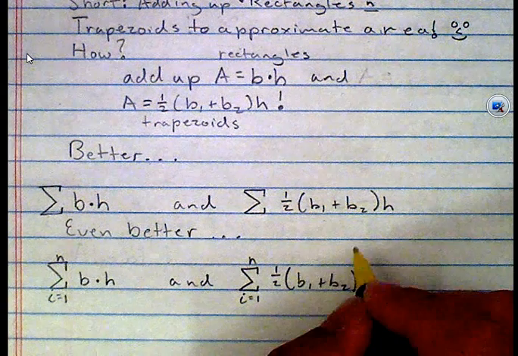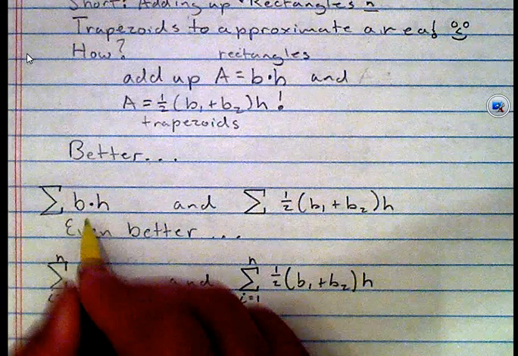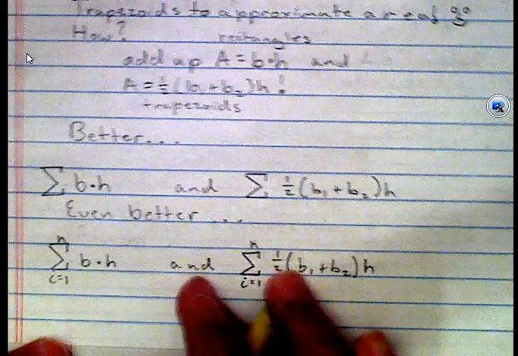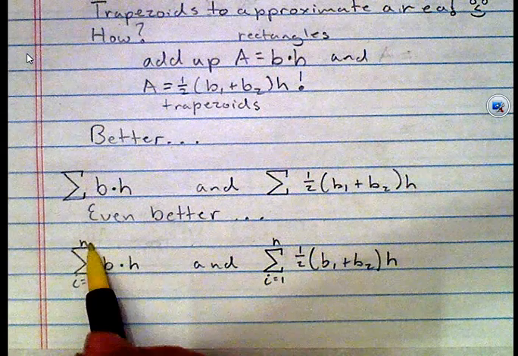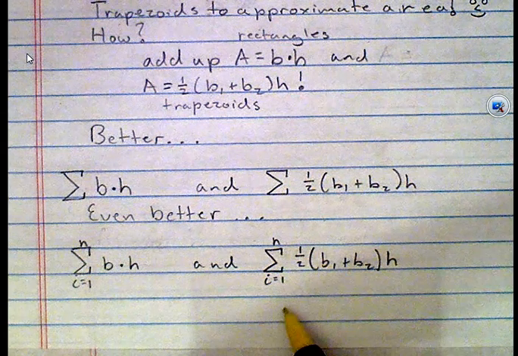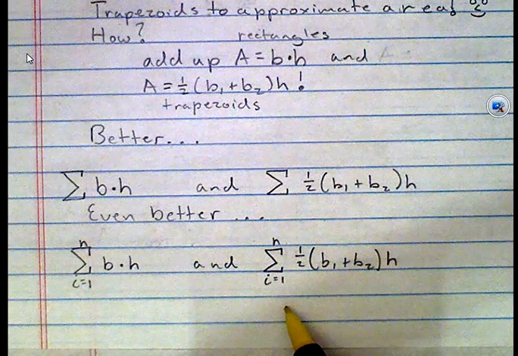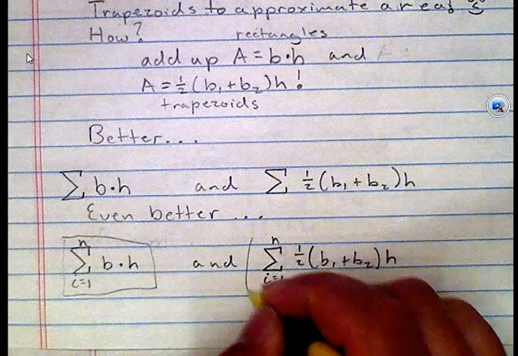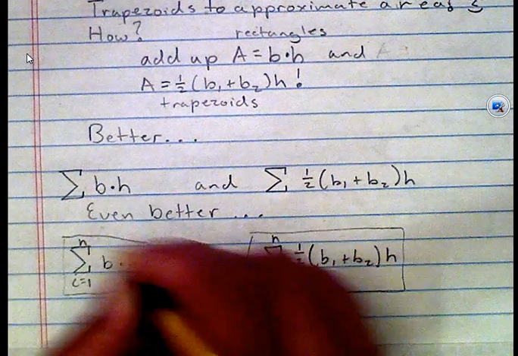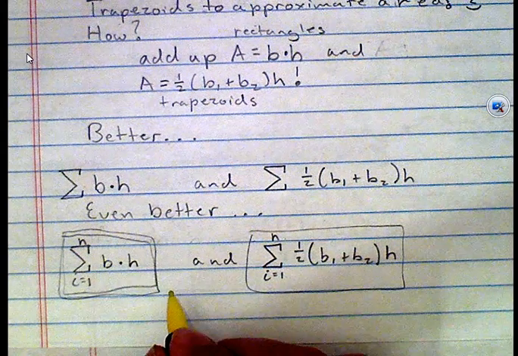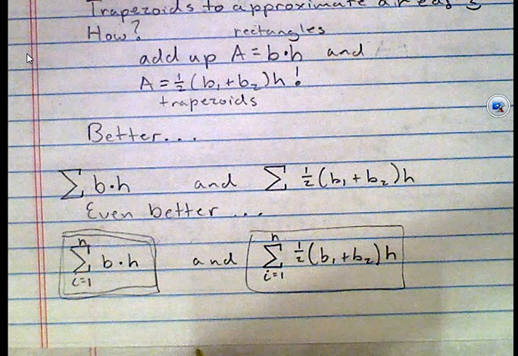But even better, we can tell how many rectangles we are adding up and how many trapezoids we are adding up. And actually you can use this formula on the AP exam all day long. These are AP exam formulas, and all they mean is you're going to add up some rectangles or some trapezoids.